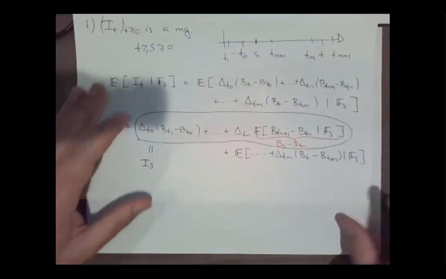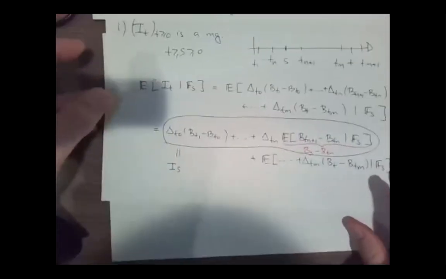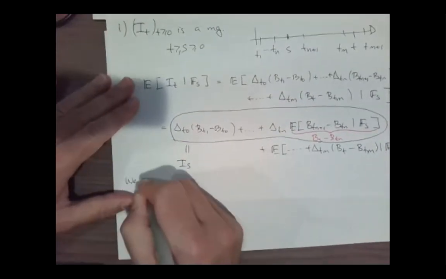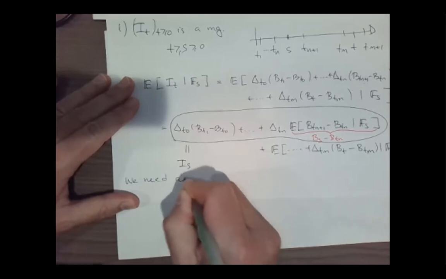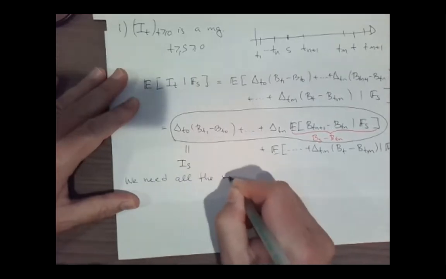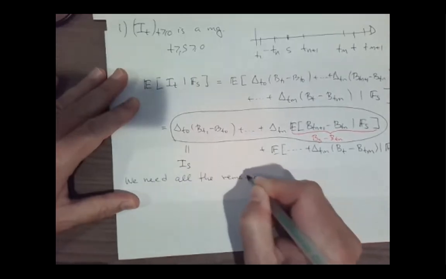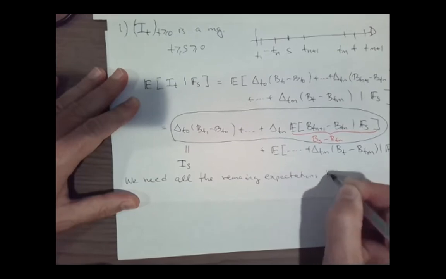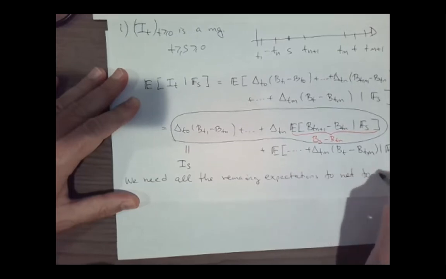And so, Ibrahim, can you argue why this is going to be 0? Give me a second, sir. So we need all the remaining expectations to net to 0. Okay, so we can get that to 1.